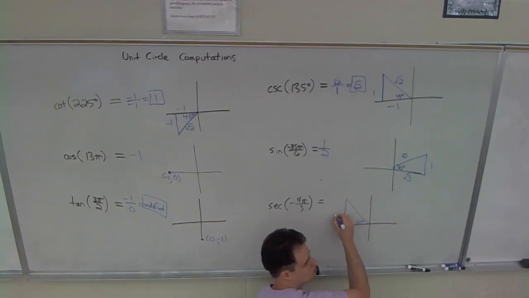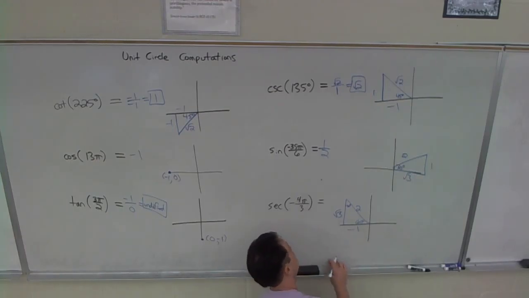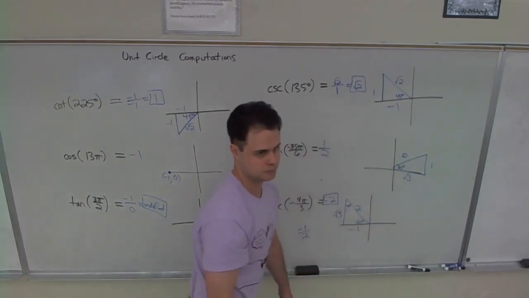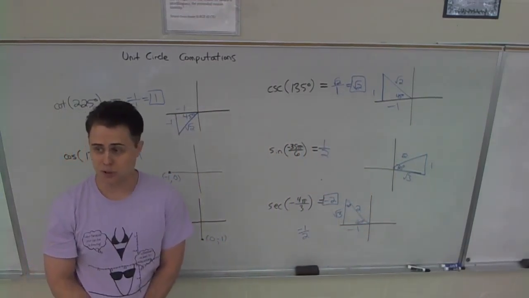Opposite 60 goes square root of 3. That means this is 30. Opposite it goes 1, and the hypotenuse is 2. Anything negative? 1 again. Secant goes with cosine. Cosine of this is adjacent over hypotenuse. Flip it, and you get negative 2. Okay, that's how you do unit circle computations.